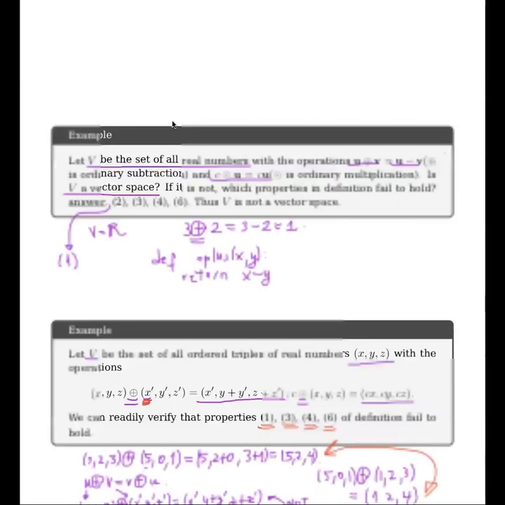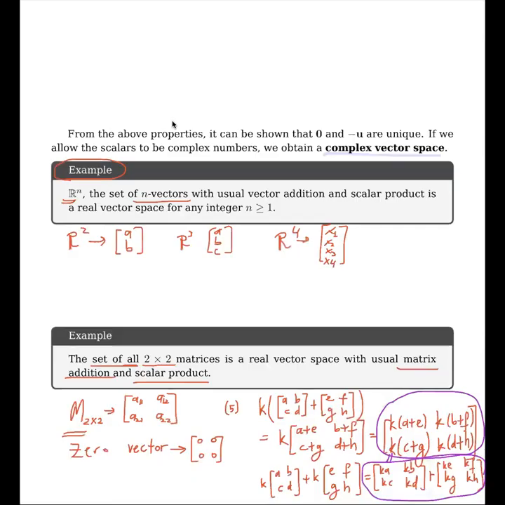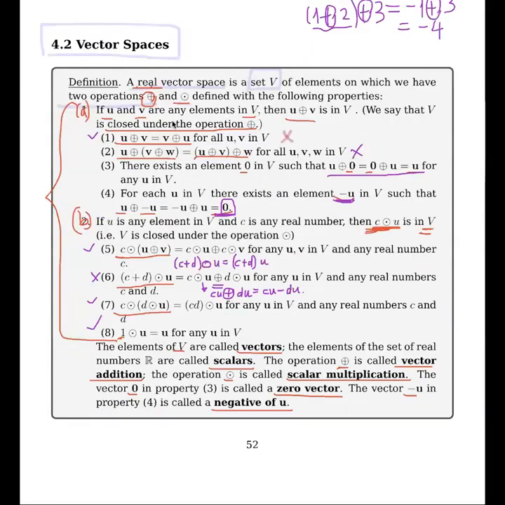So let's go back to our definition slide. To be a subspace, only property A, this line, and property B, this line, should be satisfied. You don't need to really check all those properties.